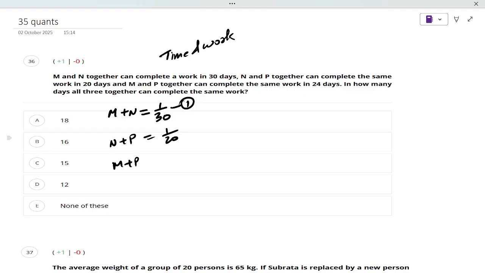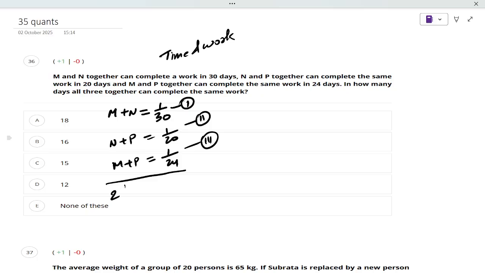M plus B is equal to 24 days. So 1 day work is 1 by 24. So equations 1, 2, and 3. They're asking us to find in how many days M plus N plus B can complete the same work. So let's just add the equations. If we add the equations, we have 2m, 2n, and 2b.